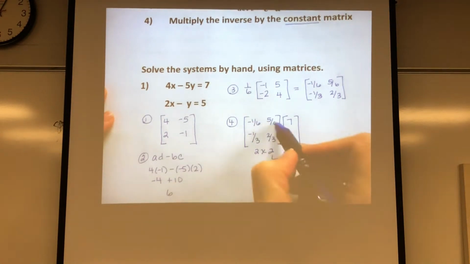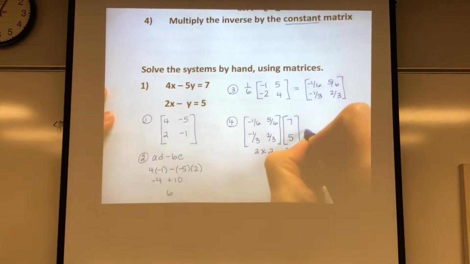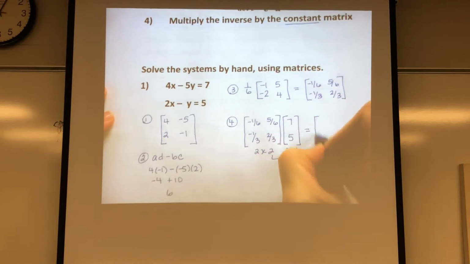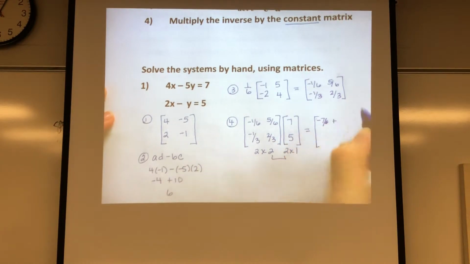So we're going to take this first row times this first column, which is the only column that there is, and we'll have -7/6, oops, forgot my fraction bar there, plus 5/6 times 5 is 25/6.